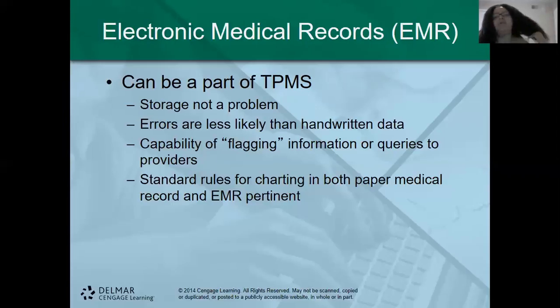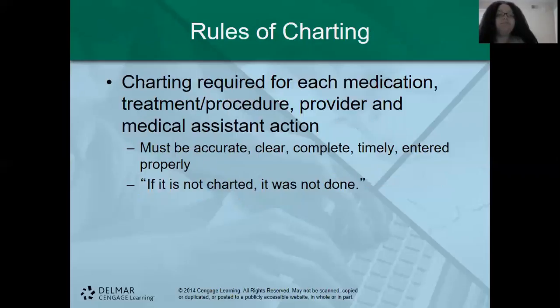If something were to be off a little bit, it'll flag it. And standard rules for charting in both paper and EMR are pertinent. Rules of charting: make sure that it's accurate, clear, complete, timely, and entered properly. And just like I said, if it's not charted, it wasn't done.